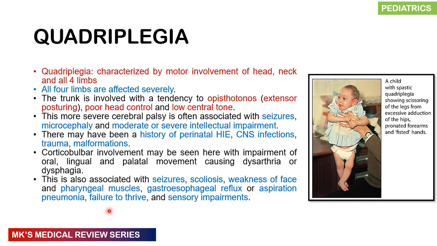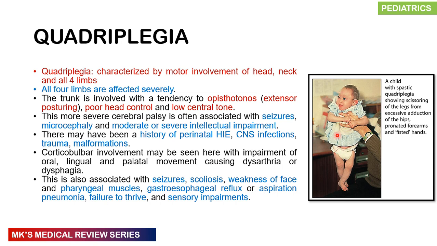Then a much more severe type is quadriplegic cerebral palsy. That's the spastic type. So this one here is actually one of the most severe of the three types. And as you can see, here is a child with spastic quadriplegic cerebral palsy. How do I know this?